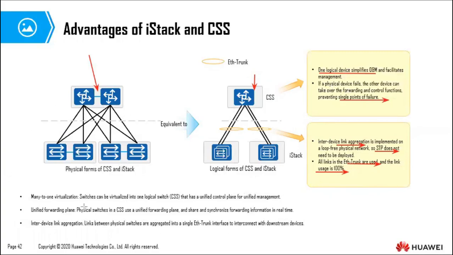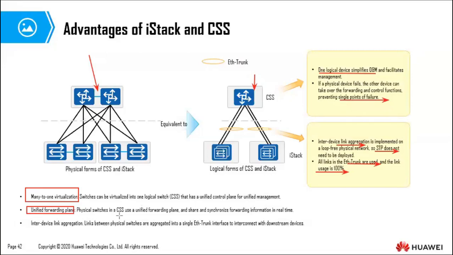Some of the terms they might also use are, for example, many-to-one virtualization, which is combining multiple physical switches or links into one logical switch or link. Then unified forwarding plane. A unified forwarding plane means that you're going to have a single routing table for all these combined switches.